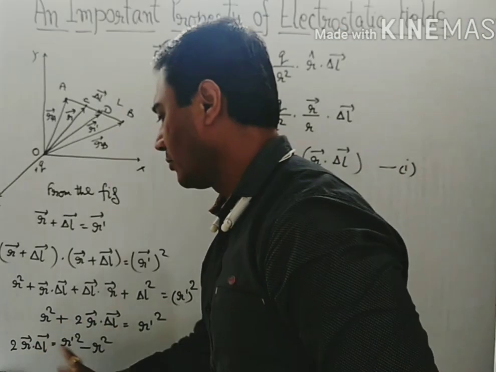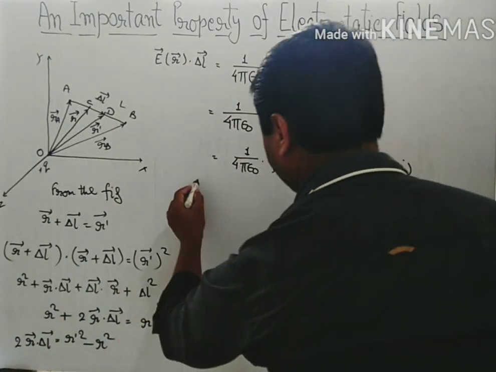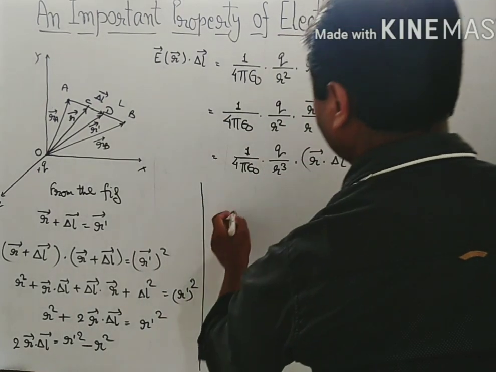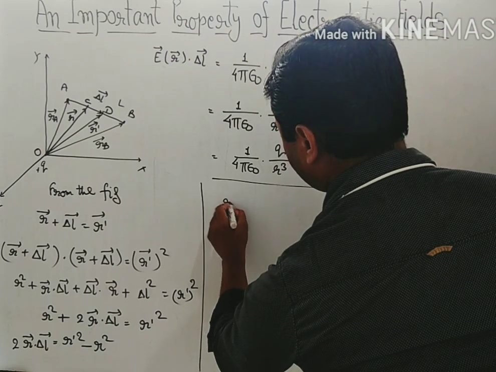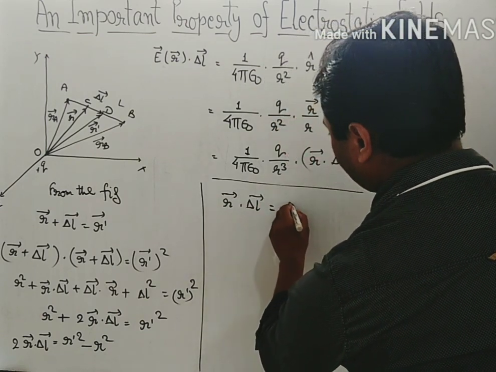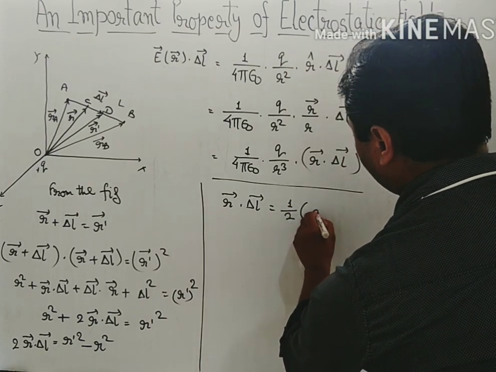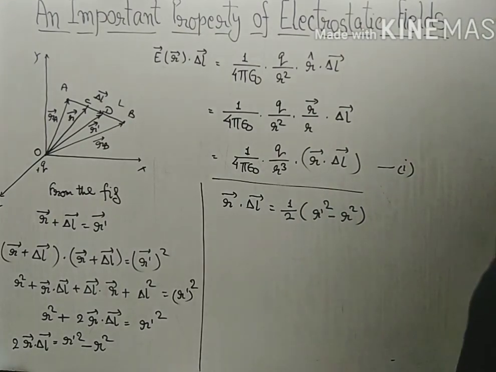Now just dividing both the sides by 2, we have vector R dot delta L vector, which is equal to half R prime square minus R square.